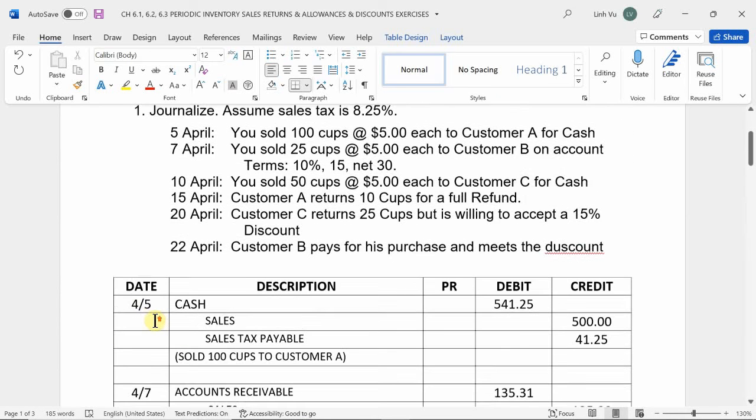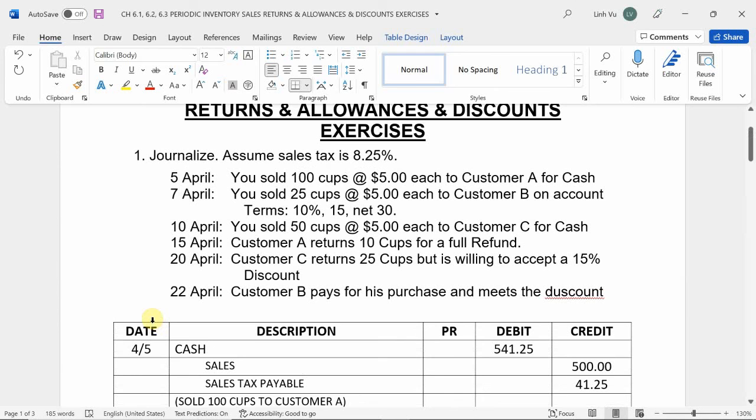Okay. So then let's see what happened next. April 20th rolls around, and customer C also wants to return 25 cups, but is willing to accept a 15% discount. So in this case, we said, sorry, customer C, no can do. We cannot refund this for you.